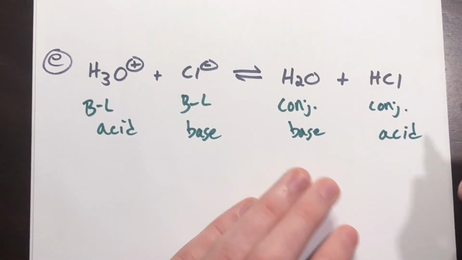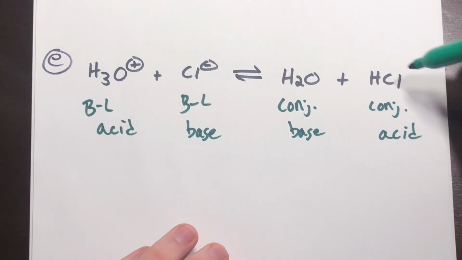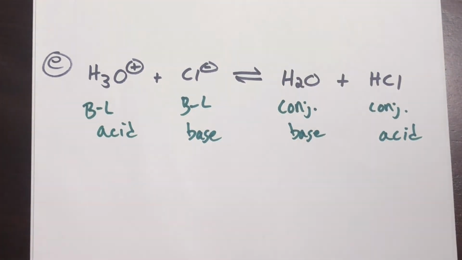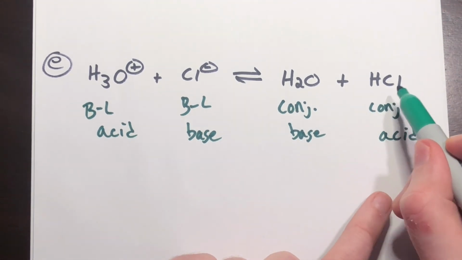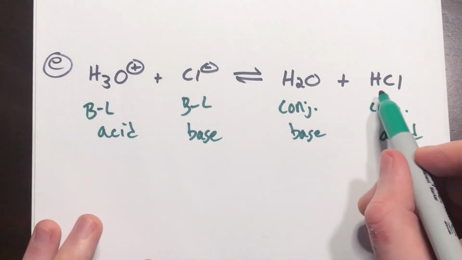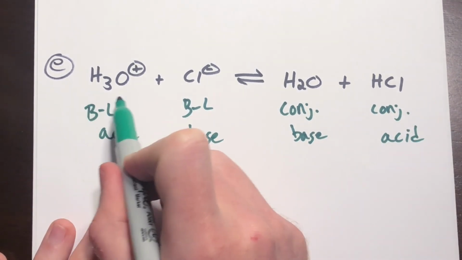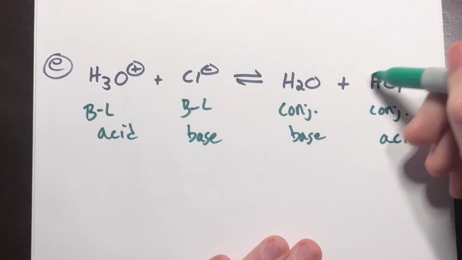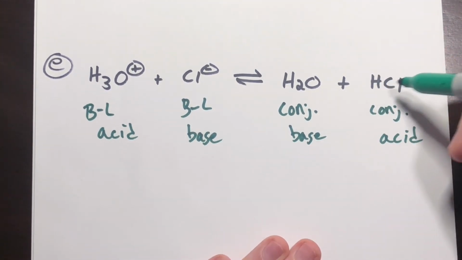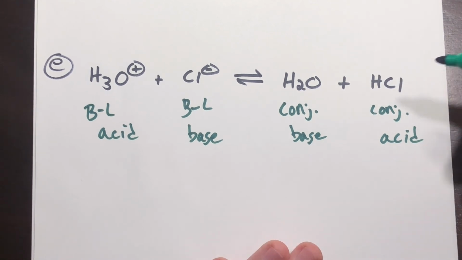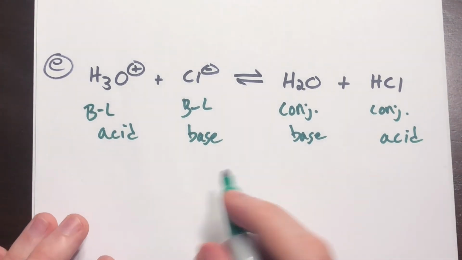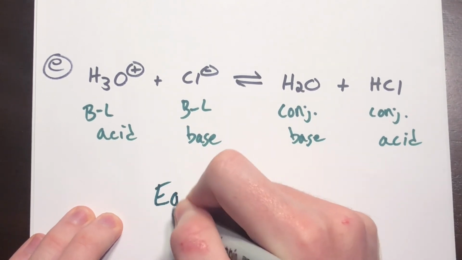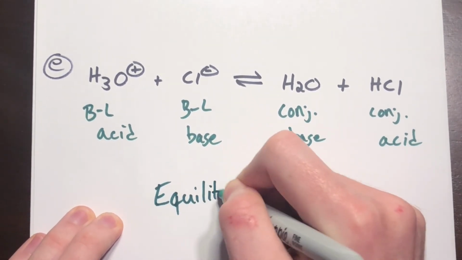Now the question is, is this acid more acidic than this? This is relatively easy to identify because here we have size difference and electronegativity difference again with the hydrogen and Cl and oxygen and hydrogen here. Because of that, this is definitely the stronger acid because of electronegativity and size. So that drives the equilibrium to the left, away from the stronger acid.